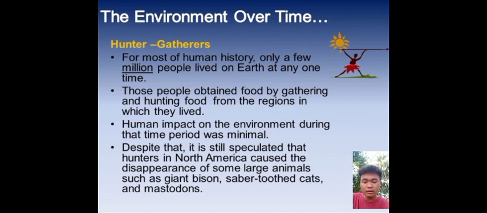Despite that, it is still speculated that hunters in North America caused the disappearance of large animals such as giant bison, saber-toothed cats and mastodons. Those are the hunters with spears, and archers with bows used for hunting animals.